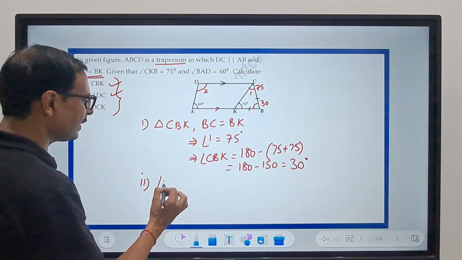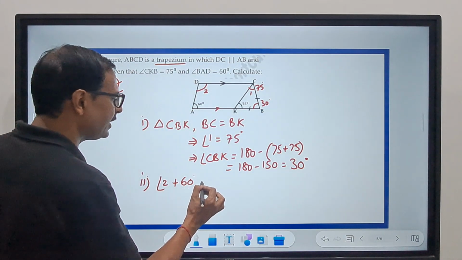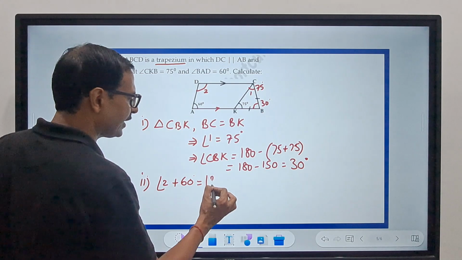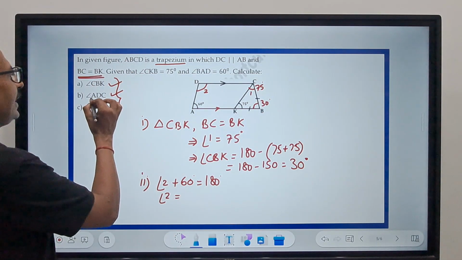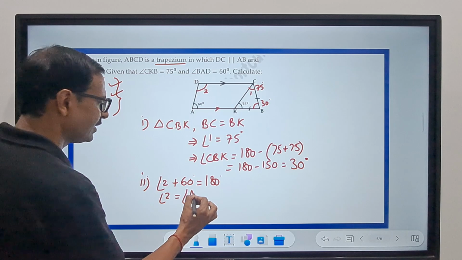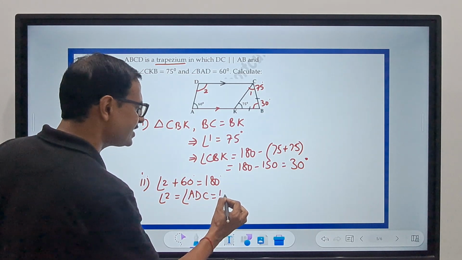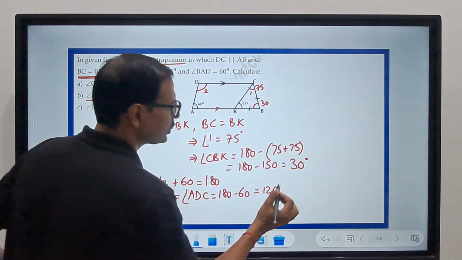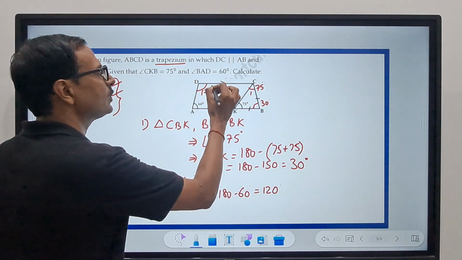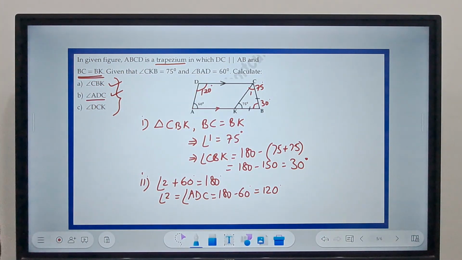So angle 2 plus 60 degrees should give me 180 degrees, and therefore angle 2, that is angle ADC, is 180 minus 60, which is 120 degrees. So here we have another answer. 120 degrees is the second angle.